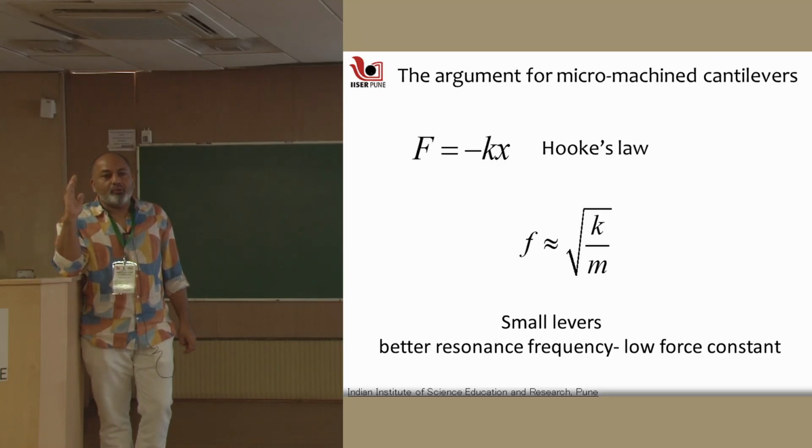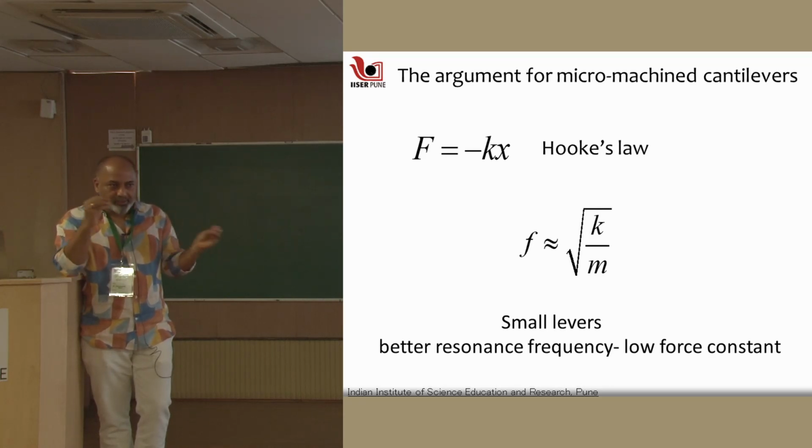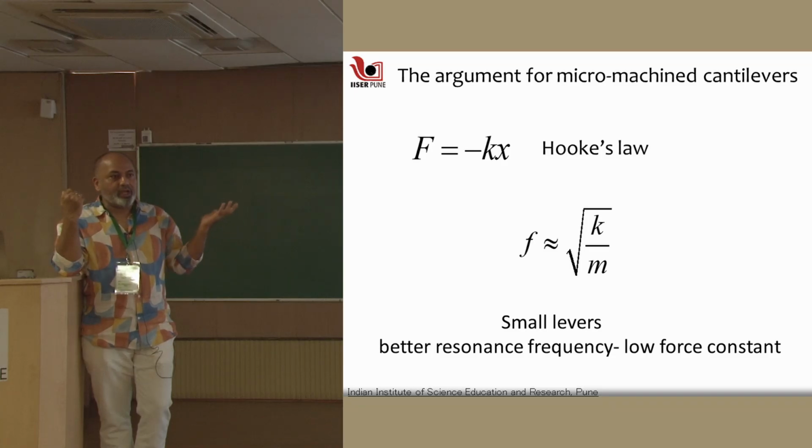Okay, so if I have 1 nanometer detection technique, which we will come to, how that is done, if I am able to detect 1 nanometer of the cantilever's or spring's movement or stretch, and if I am going to measure 1 nanonewton of force, then the cantilever stiffness has to be about a Newton per meter, right? 1 nanonewton, 1 nanometer. So your spring constant has to be about a Newton per meter.